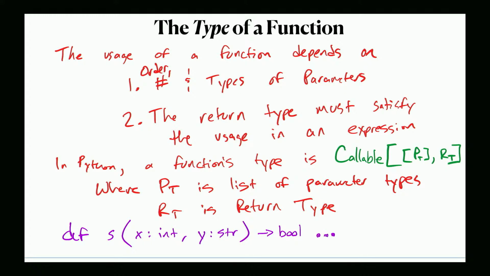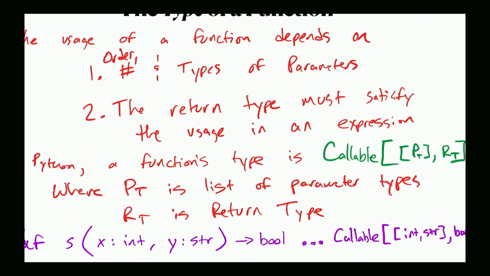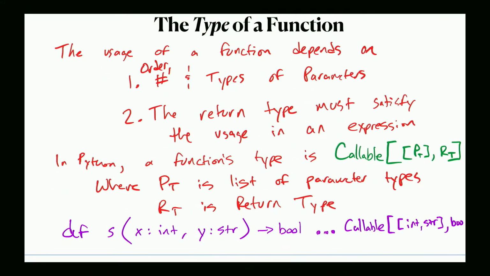The type would be callable, and then in the inner brackets, int, str, and the return type bool. Let me try and make this fit real quick here.